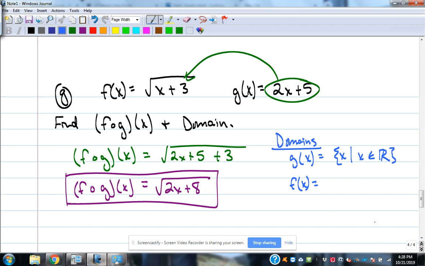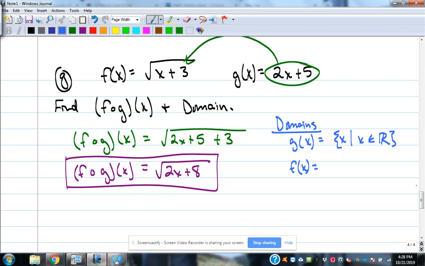How do we handle a square root to find the domain? Well, how do we tell the domain of f of x? What is the domain of f of x? What kind of numbers can we take the square root of and not have something weird happen?